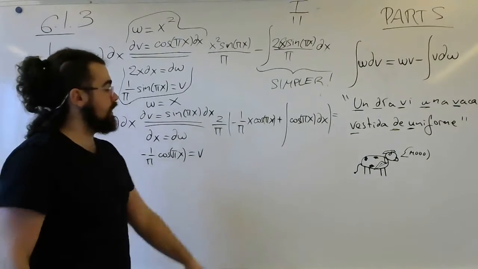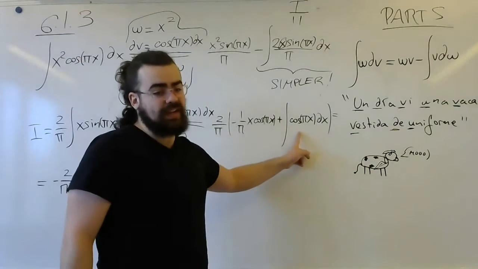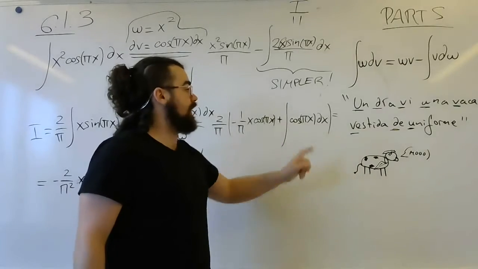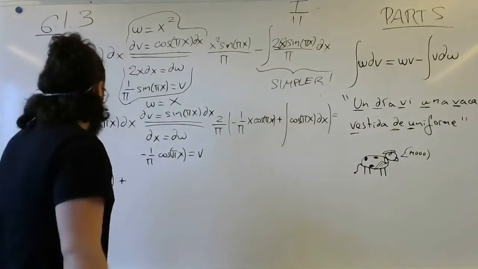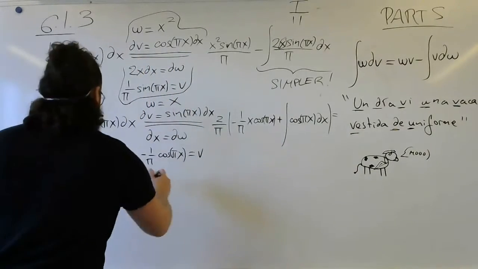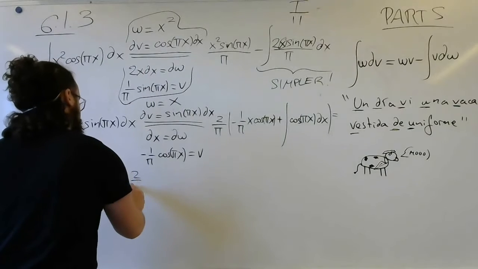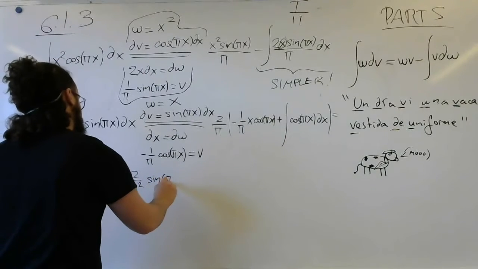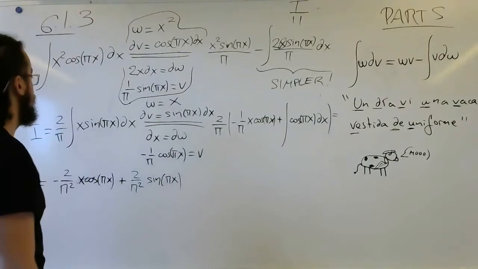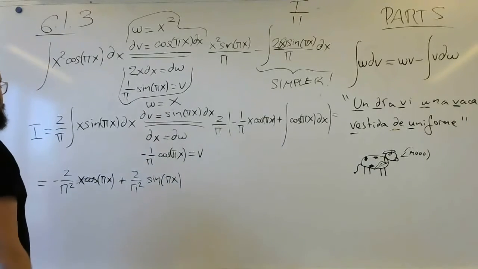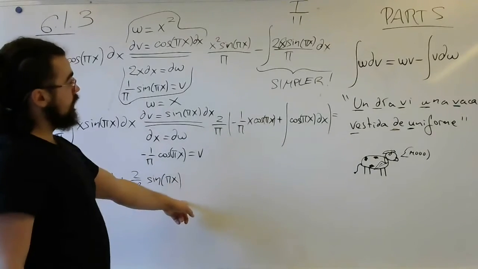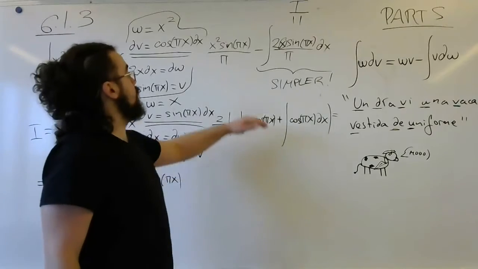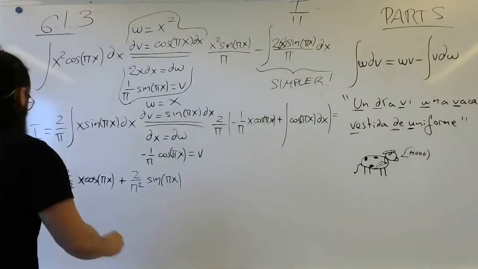What's the integral of this? The integral of the cosine is sine. If it has a constant within, it comes out dividing. So 2 over pi square sine of pi x. And all this we have to subtract from here.